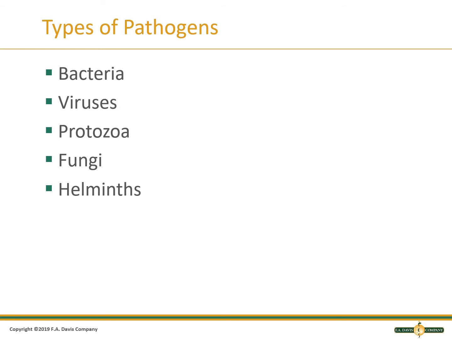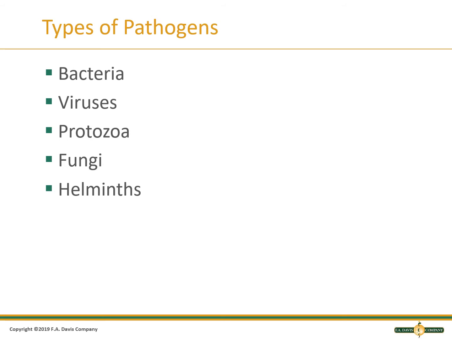All right, so different types of pathogens. We have bacteria. These are one-celled microorganisms found virtually everywhere, including the human body. Several bacteria live in the intestines to help the body digest food and absorb vitamins. They belong there.